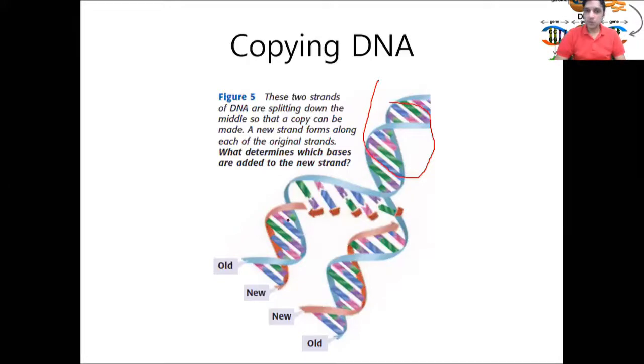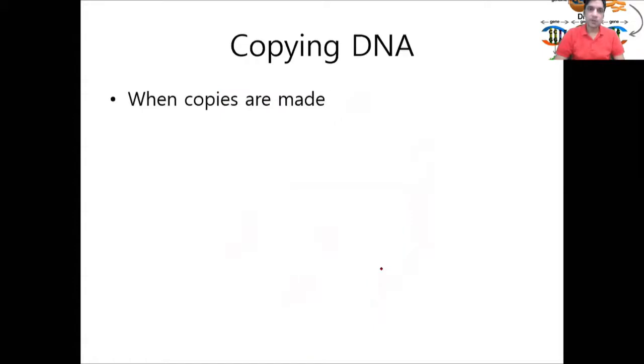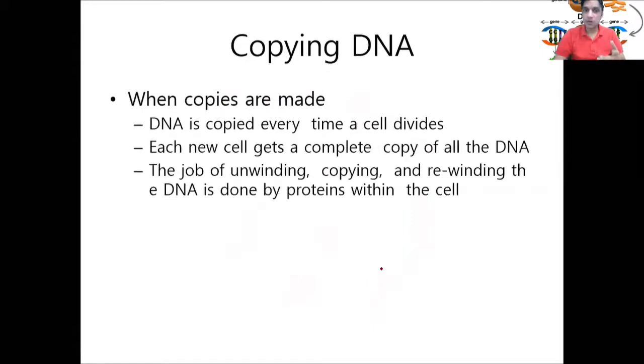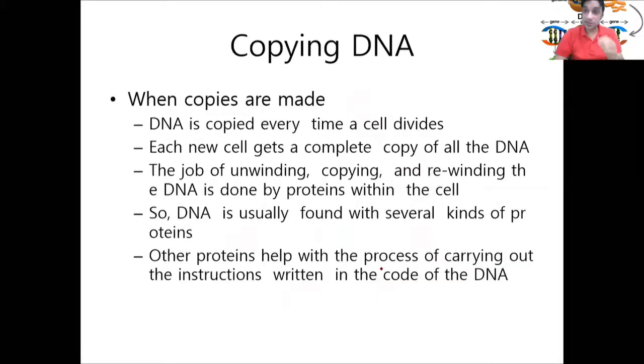So one of the strands came from the original DNA, the other one is newly synthesized. This one is the old strand and this one is synthesized during the process of cell division. This is called DNA replication. So we create copies of DNA so it can be entered into the new cell. So every cell receives the same sequence and same amount of DNA as was present in the parent cell.